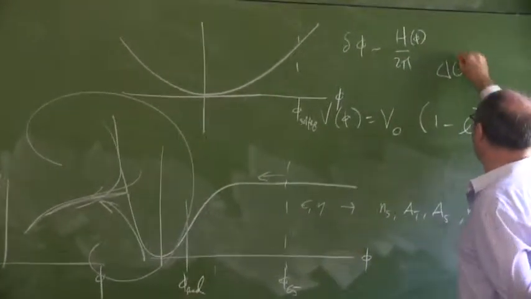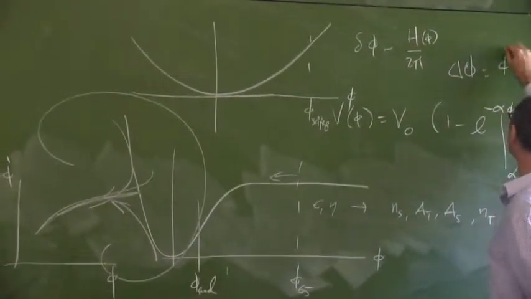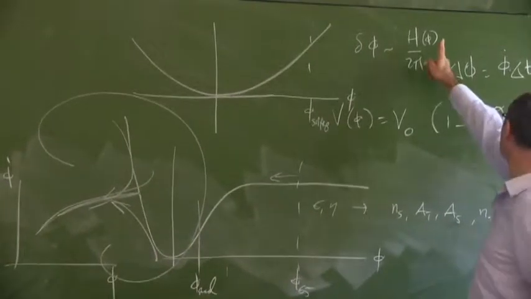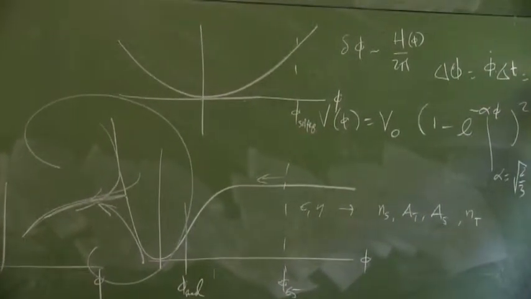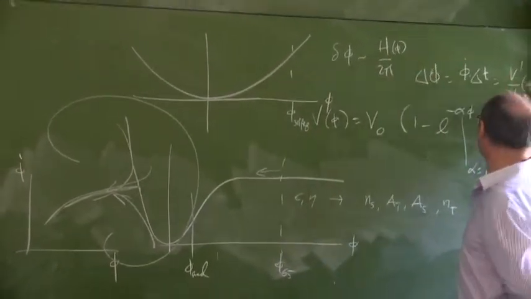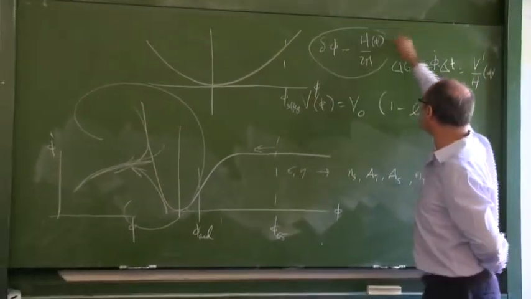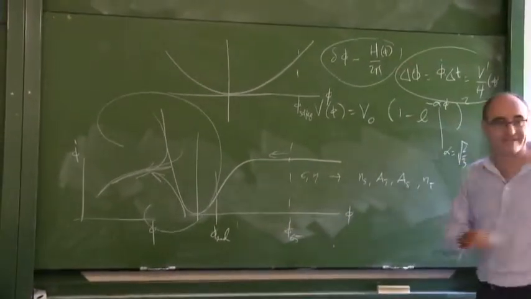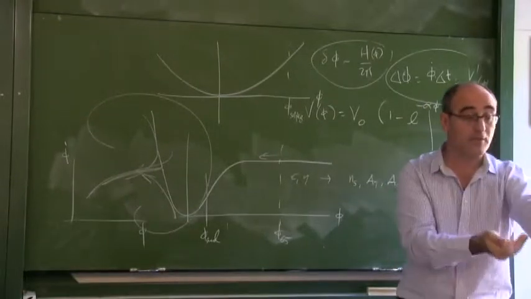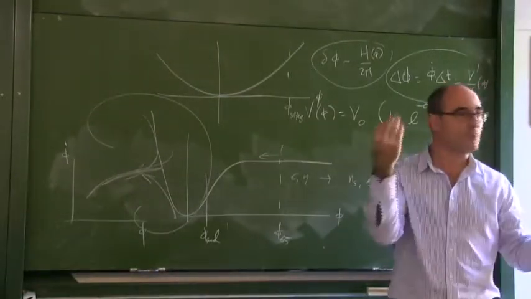But the drift, delta phi equal to phi dot delta t, is V prime over H. So these are both phi-dependent fields. If you're at sufficiently large values of phi, then these fluctuations are much larger than the drift. So the drift, which takes you to the bottom of the potential, cannot be compensated by the quantum fluctuations, which drive you both ways.